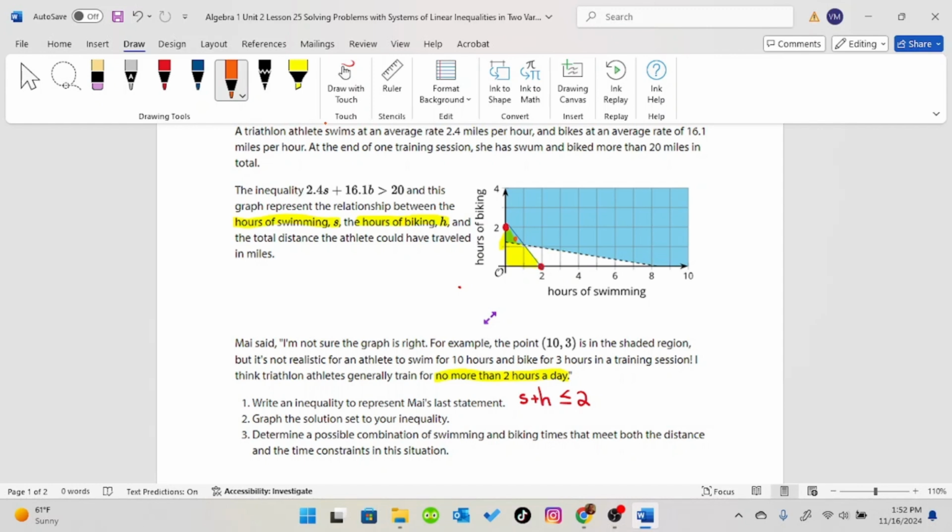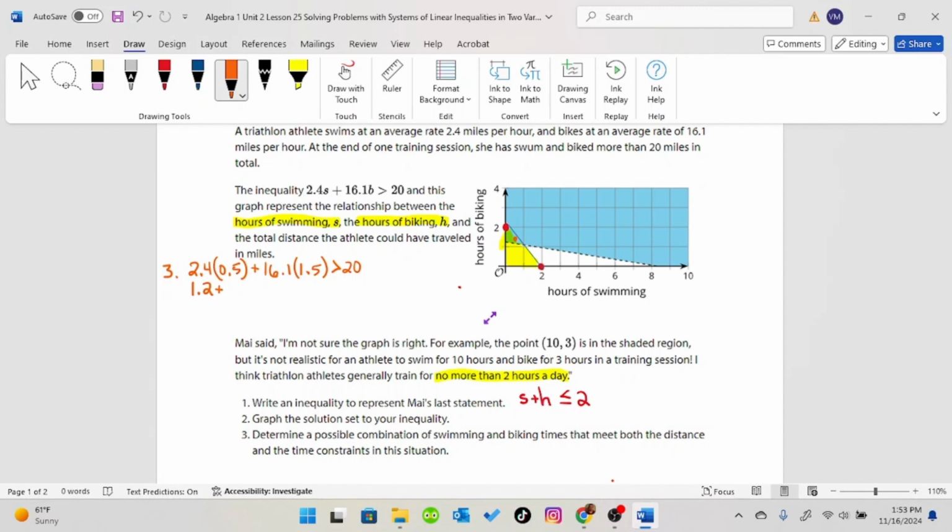So let's try it in the actual inequality and see if it makes it true. So this would be 2.4 times S, which would be 1/2, plus 16.1b, which would be 1 and 1/2, and that should be greater than 20 if this is true. So 2.4 times 1/2 is 1.2.